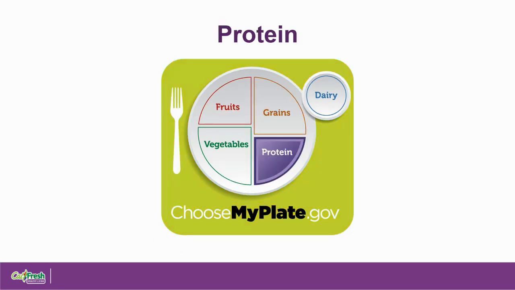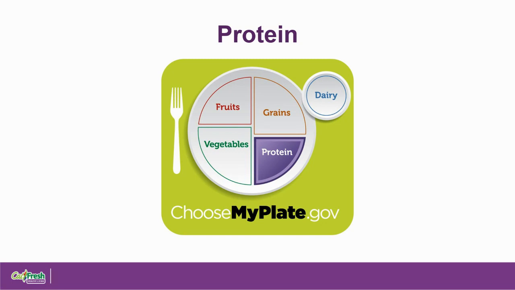The purple portion of the MyPlate represents protein. Eating different types of lean, low-fat protein is important. You can see that the protein section of the MyPlate is smaller than the other sections, which tells us we don't need to eat as much protein as the other foods.